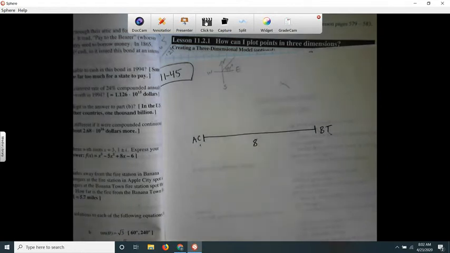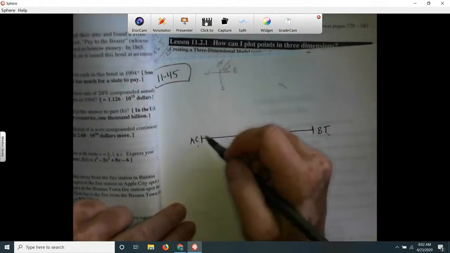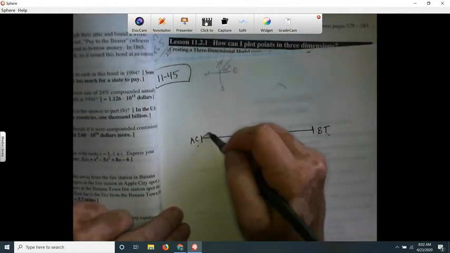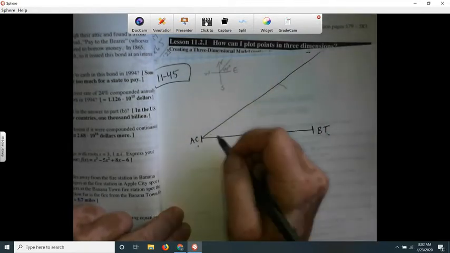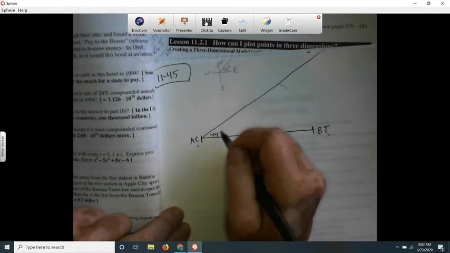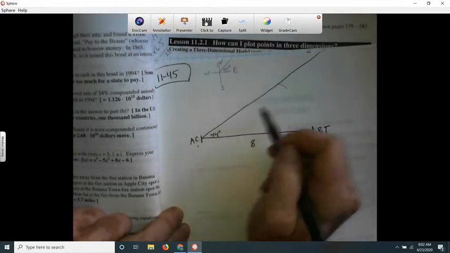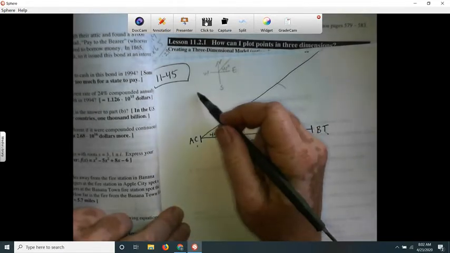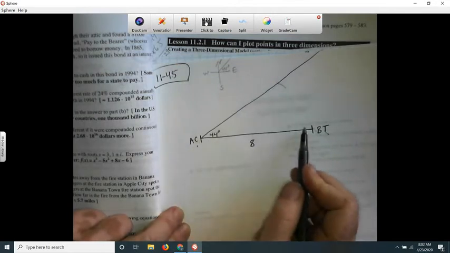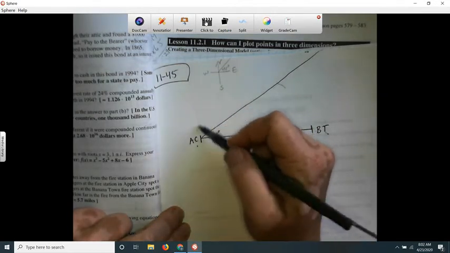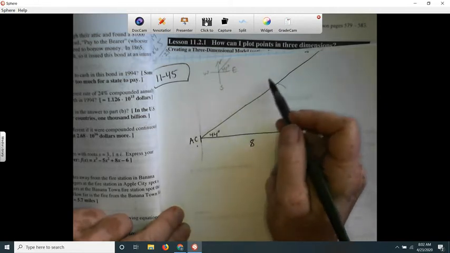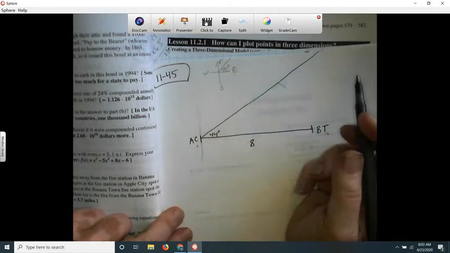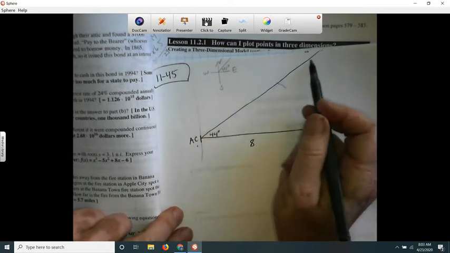I hope these end up meeting each other somewhere. I'll say that's 44 degrees. The reason I drew it in that direction is because north is up and east is right, and I tried to make 45 degrees right down the middle. So somewhere along this line is the fire.